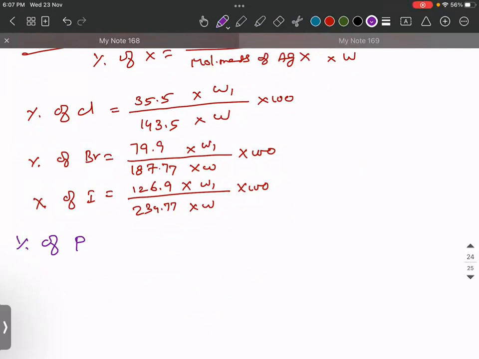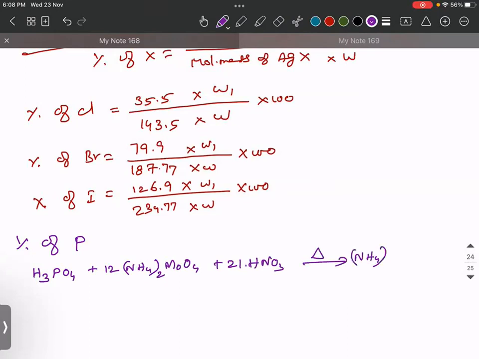They have converted phosphorus into phosphoric acid. When it reacts with ammonium molybdate, it gives ammonium phosphomolybdate.